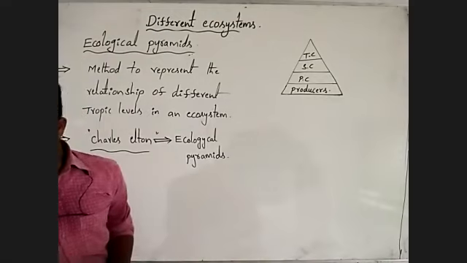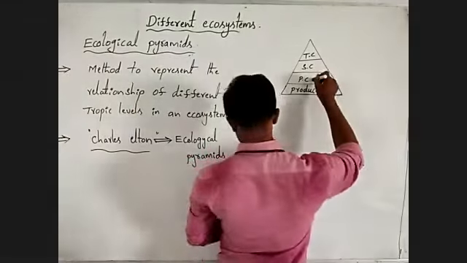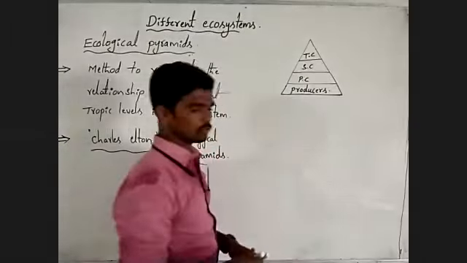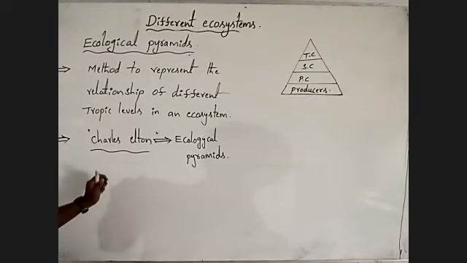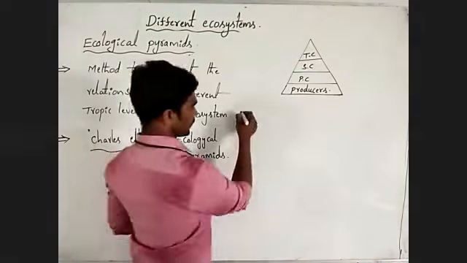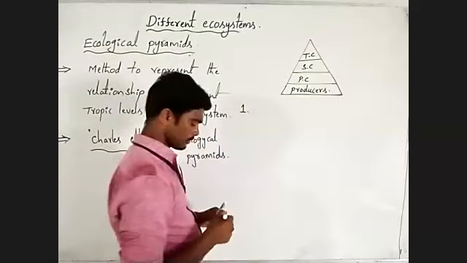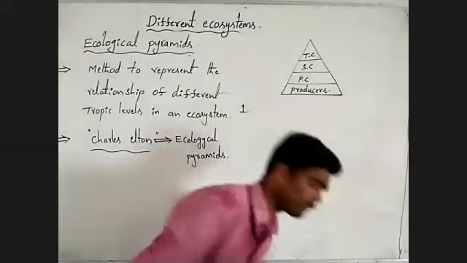Observe carefully. Like this: producers, primary consumers, secondary consumers, tertiary consumers. Here, ecological pyramids are of different types.